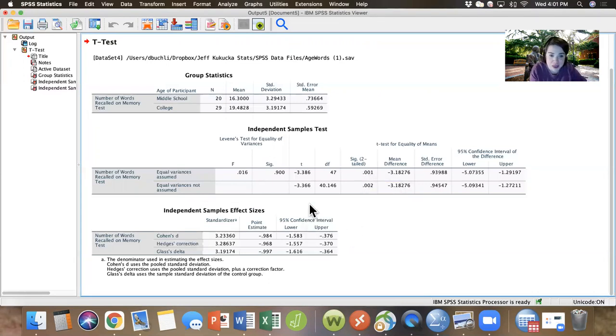So then the only thing remaining is you want to write up your results in APA style. Okay, so I've got on your handout kind of an example of how to do that. So you're going to state your hypothesis. You're going to indicate the type of test that you conducted, and you're going to include the descriptive statistics for each group, group 1 and group 2, and those include the sample size, the mean, and the standard deviation.